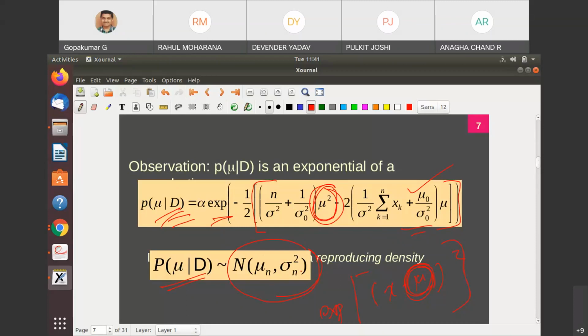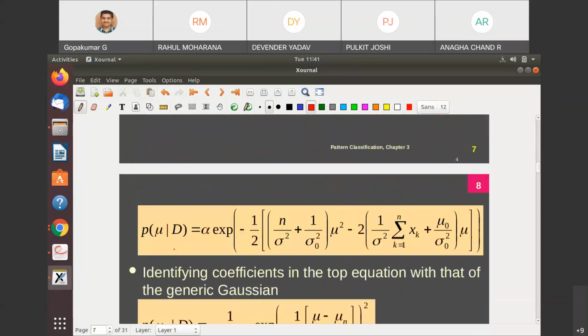The mu 0 and sigma 0 square are going to be related to this one, which we will see. But generally, this is again a normal distribution of mu n and sigma n square. So this is how we can say that the probability of the mean value with respect to the training data set is also a form of normal distribution. So that is one point.